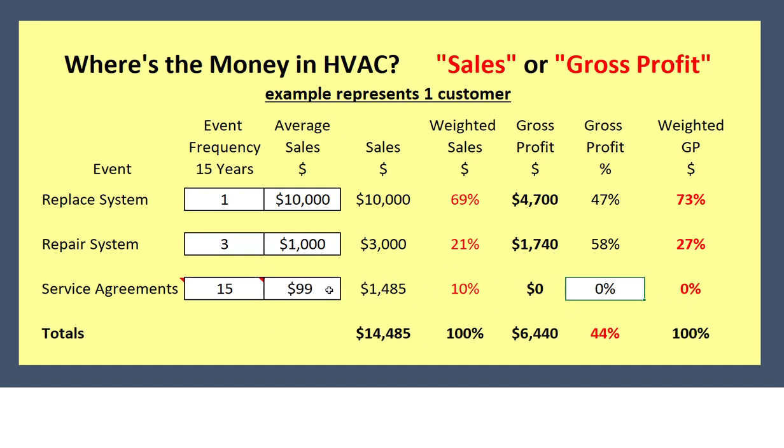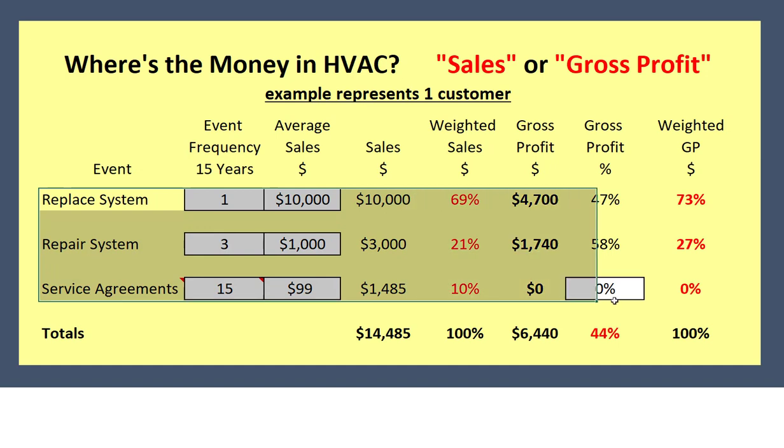He just went out and checked the systems, and all you got for that is $99 a year. It helped you retain this customer so that every 15 years you can replace their system and you can have their repairs. And this is how 97% of all HVAC service businesses look at their business.